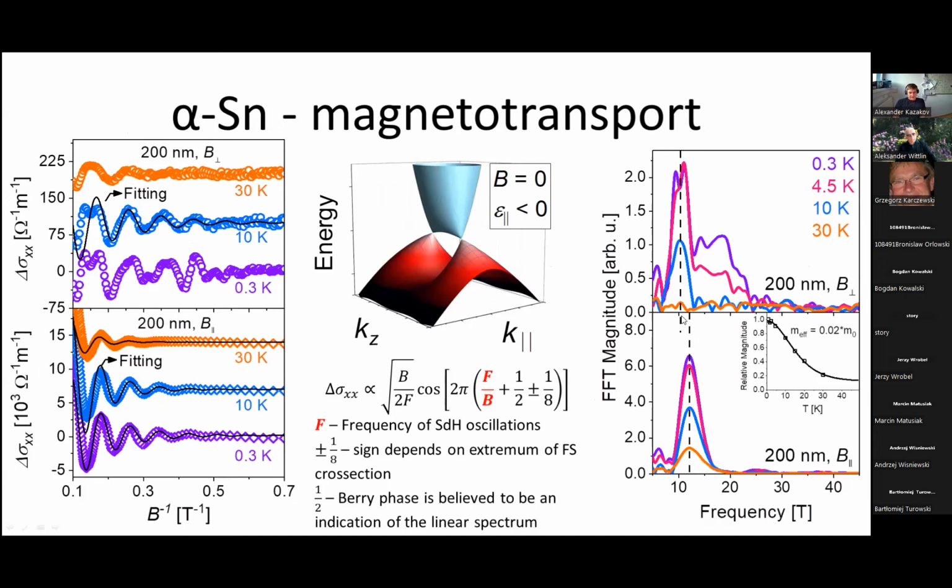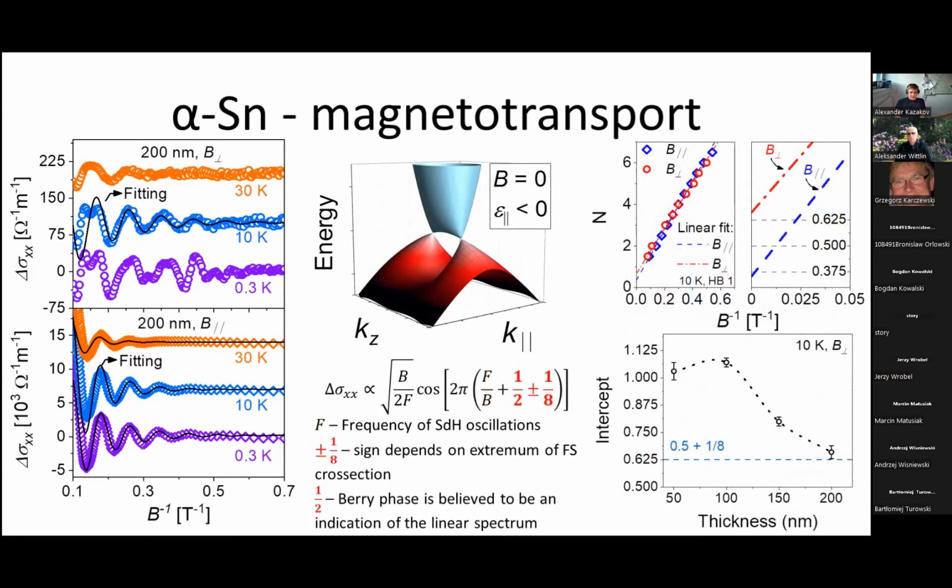We see that the frequencies in these two cases are slightly different, which can be explained by considering the cross section of the band structure in the conduction band. The cross section in one case is larger than in the other, and that manifests itself as a different frequency.